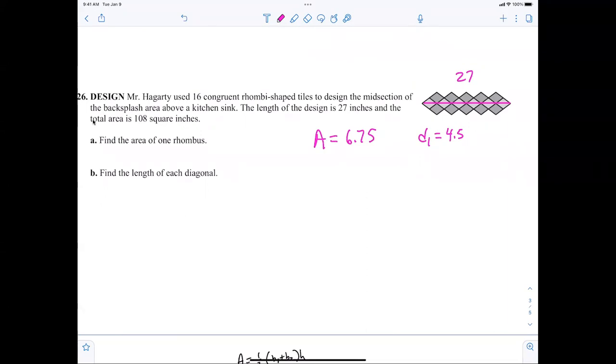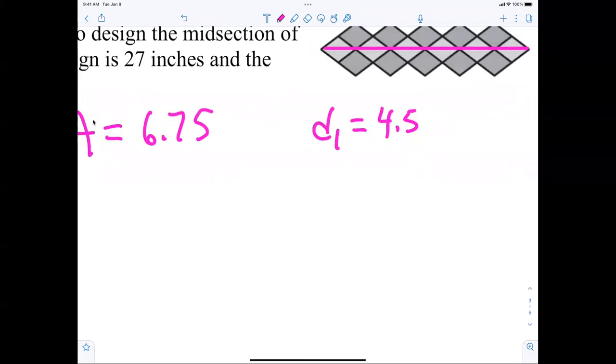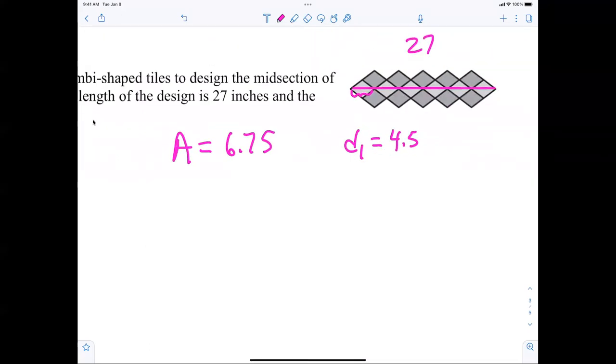The diagonal. One diagonal. Well, what's its length? 27. And how many rhombi does it go through? 6. So what would be the length from here to here? It's kind of like that total area.